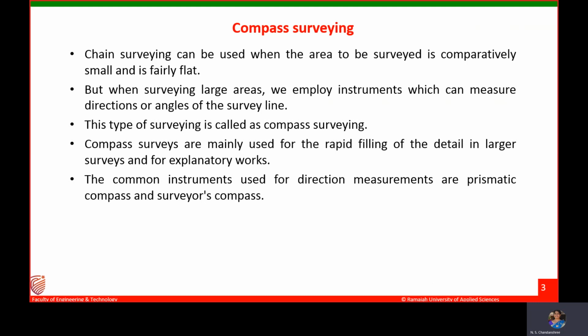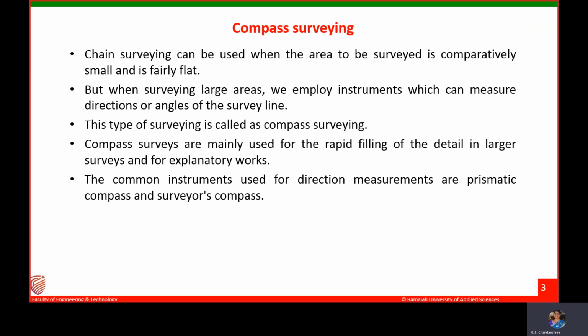So to begin with, compass surveying can be used when the area to be surveyed is comparatively small and fairly flat. If the terrain is very rugged, compass surveying may be very tedious and it may be very difficult for us to conduct the survey.